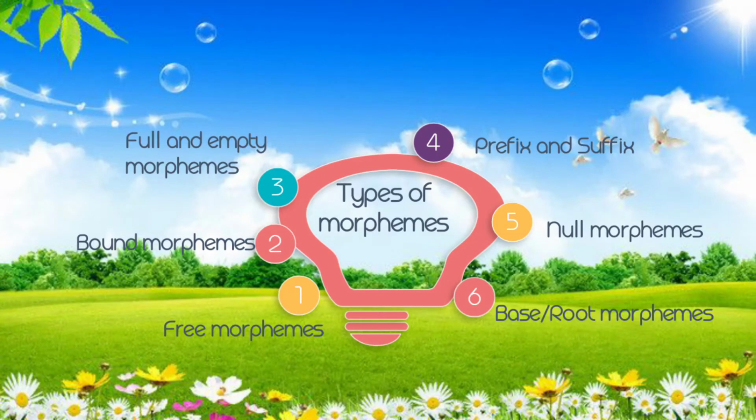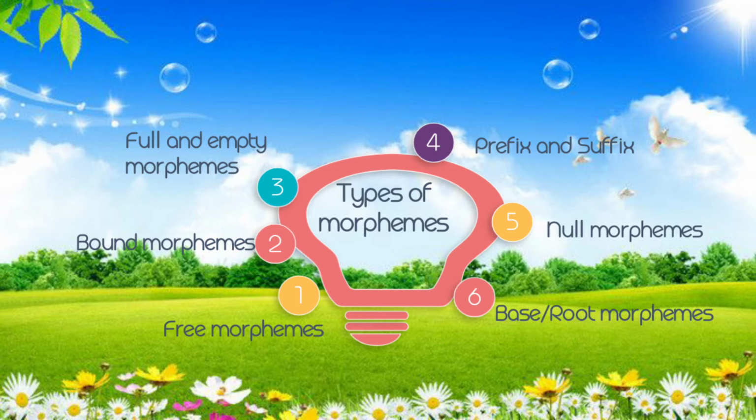Now, classifications of morphemes. We can classify morphemes in 6 ways. These are: the free morphemes, the bound morphemes, the full and empty morphemes.